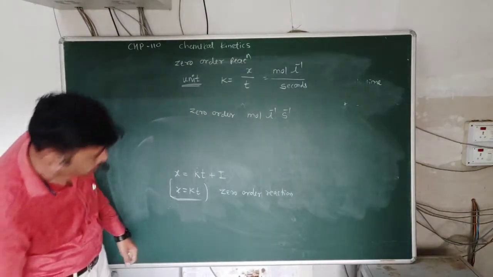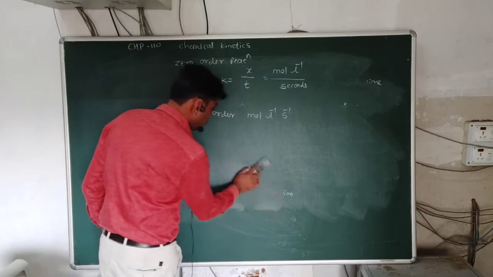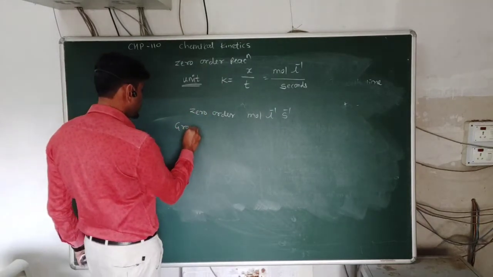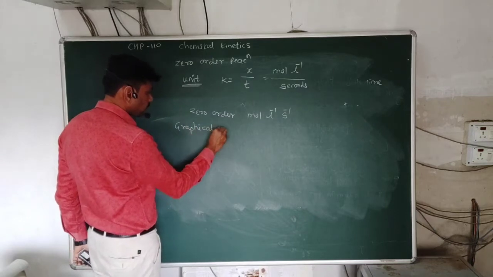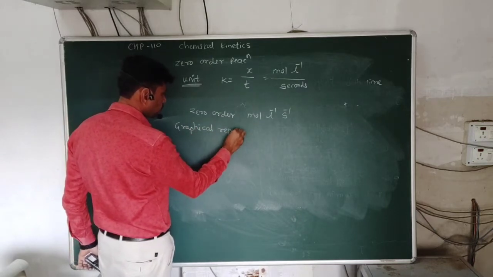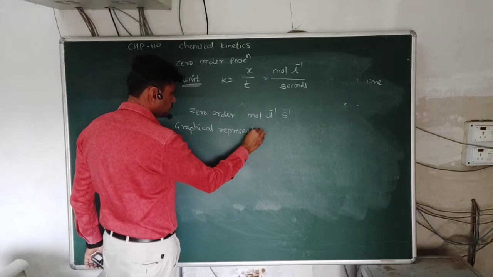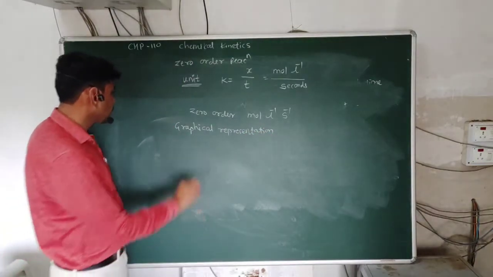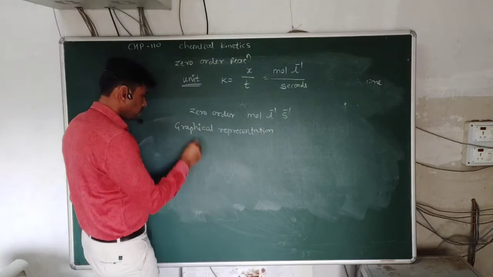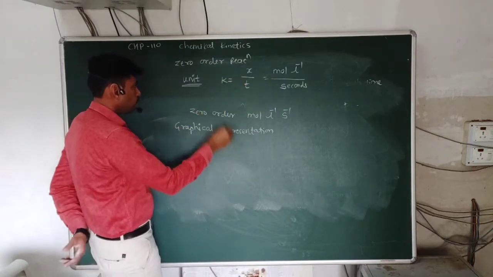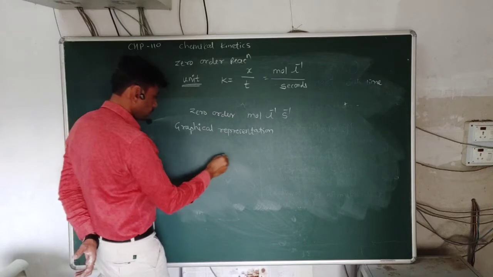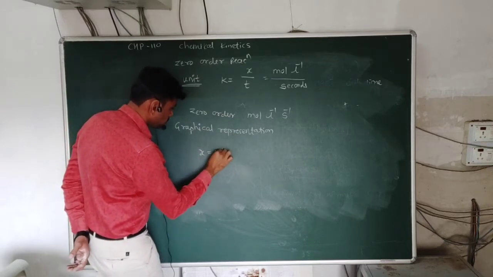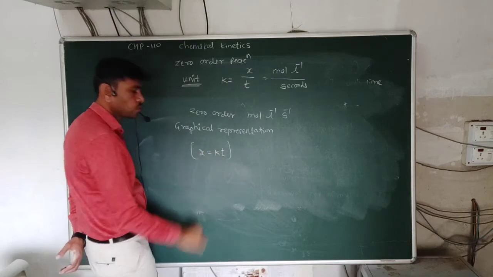Now see the graphical representation for zero order reaction. The equation for zero order reaction is x is equal to kt.